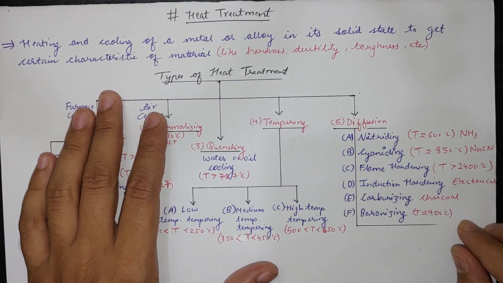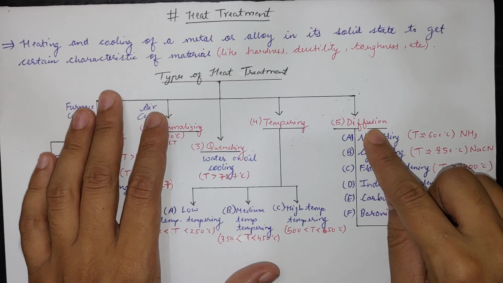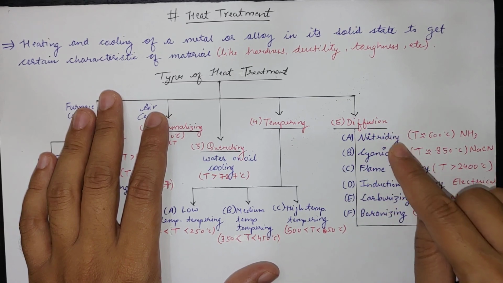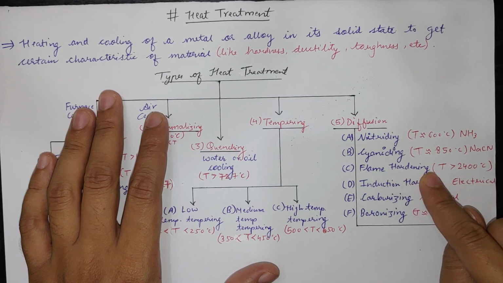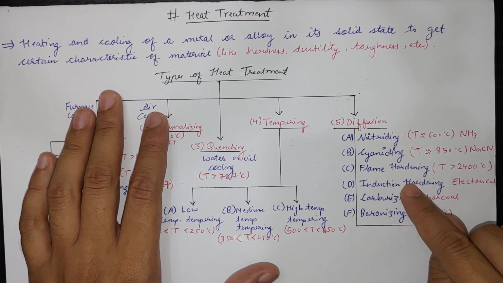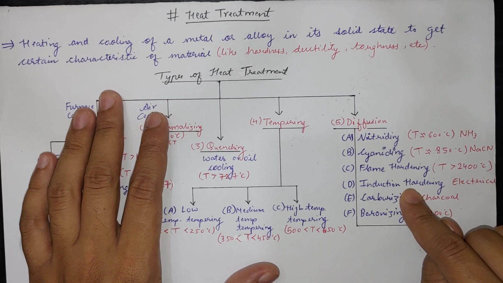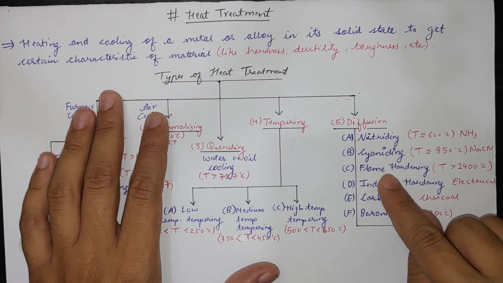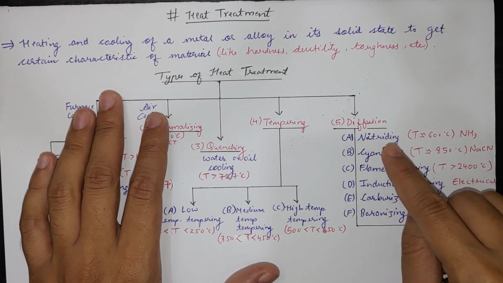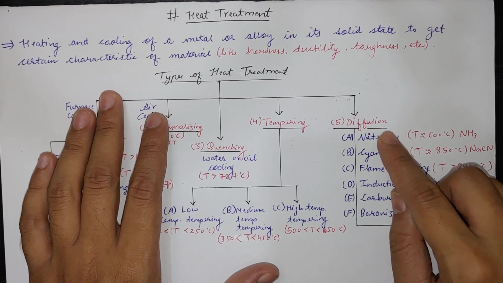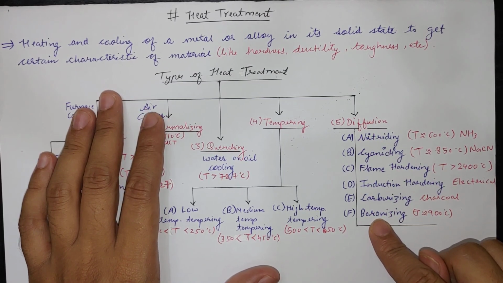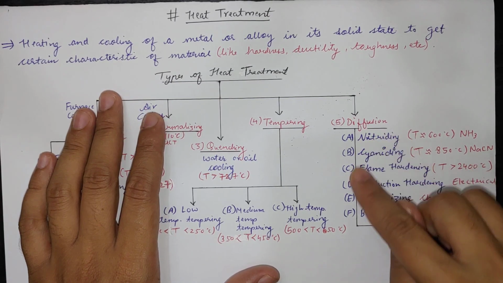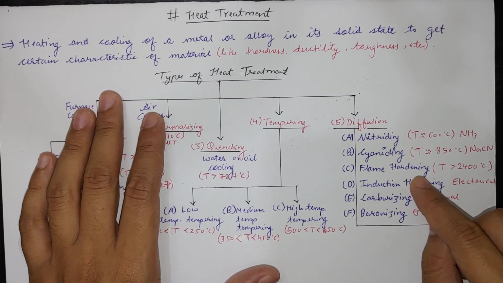In the diffusion process, the primary goal is to introduce a foreign element like nitrogen, carbon and boron, and there are also flame hardening and induction hardening processes, in which we either heat the surface or introduce some diffused material inside the surface, which brings more hardness into the surface. So these are all hardening methods introduced by foreign material inside the steel.